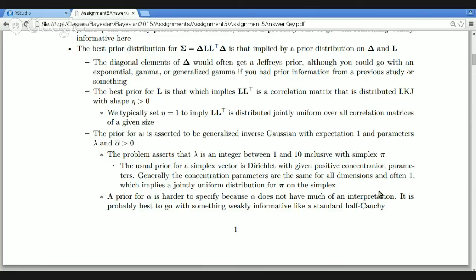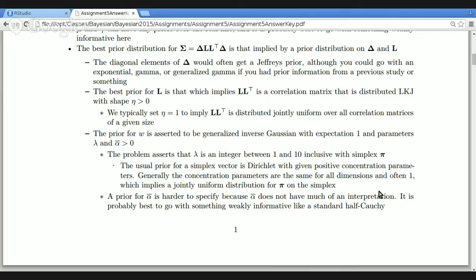And for a simplex parameter, the most common prior on that is the Dirichlet distribution. And the Dirichlet distribution has hyperparameters that are often called concentration parameters, and people usually choose the vector of concentration parameters to be proportional to some positive constant.